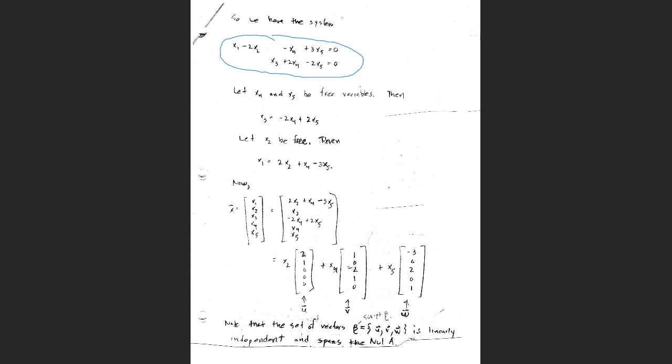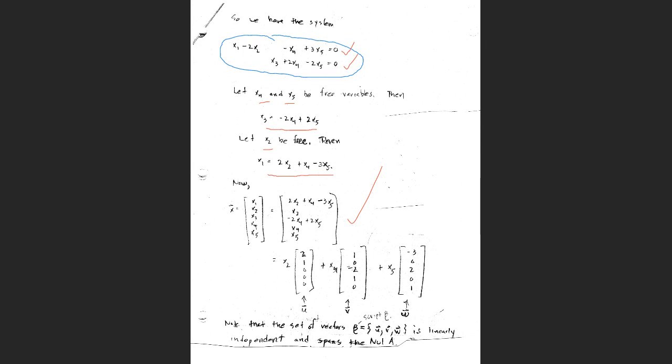Okay, based on the first equation, I'm going to let x4 and x5 be free variables. So x3 will equal negative 2x4 plus 2x5. And then going to the first equation, I'll let x2 be free. And then x1 is 2x2 plus x4 minus 3x5.